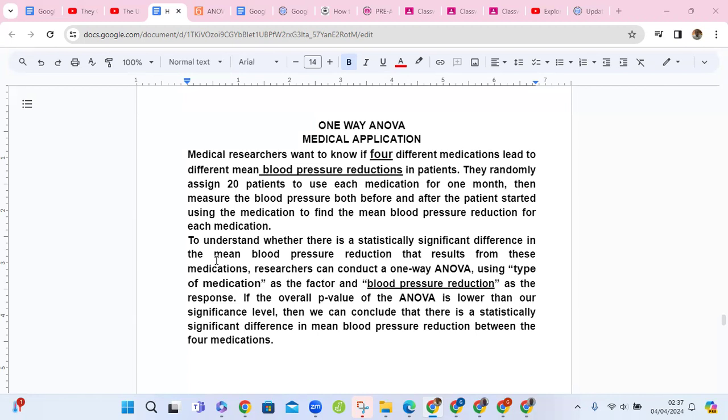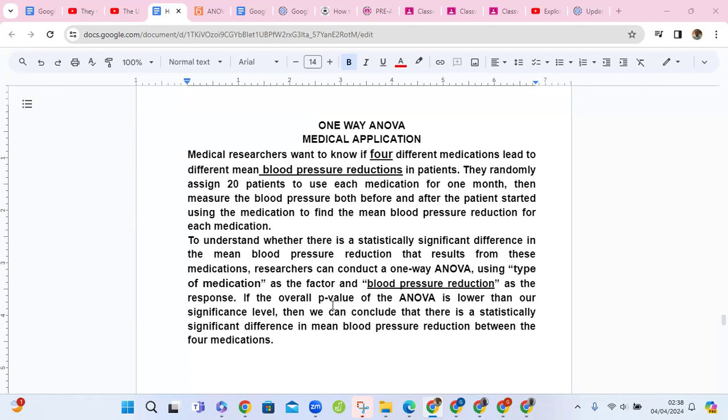Now, it says here, if the overall p-value of the ANOVA is lower than our significance level, then we can conclude there's a statistically significant difference in mean blood pressure reduction between the medications. This comes from a p-value approach whereby the decision criteria is such that if the p-value is less than the significance level, then you have to reject the null hypothesis.